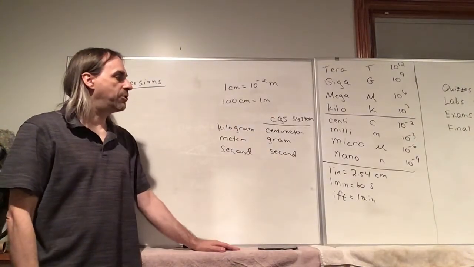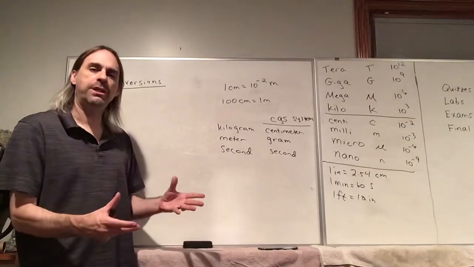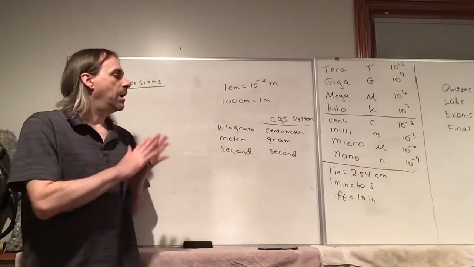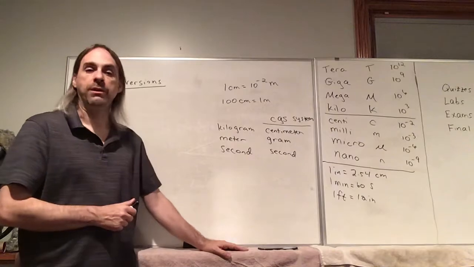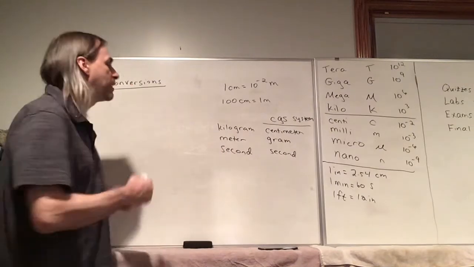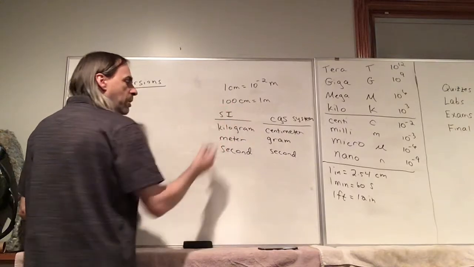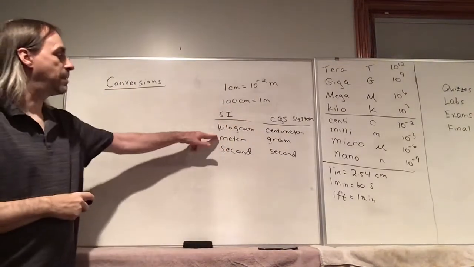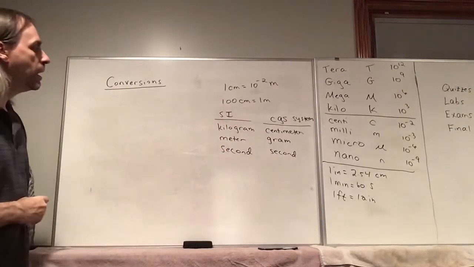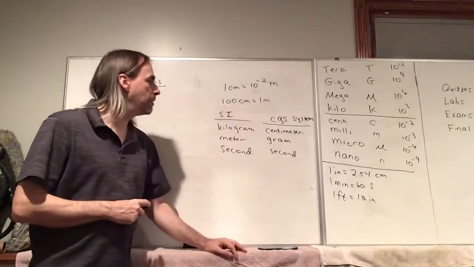And when it comes to things like electricity and magnetism, this one actually has some advantages. This one is called the SI system. It's also called the MKS, meter, kilogram, second. But SI stands for System International.